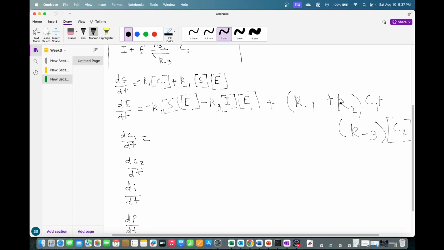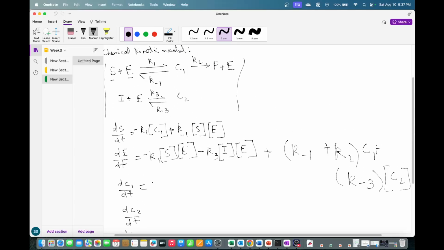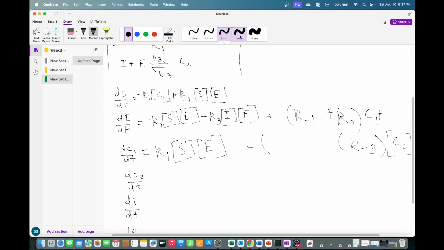Now dC1 dt, C1 is here, it's straightforward, it is getting formed by S and E, right? And it is getting used up, sorry, so here its space is a little issue here, it's right small.